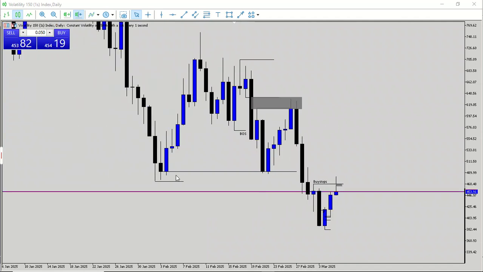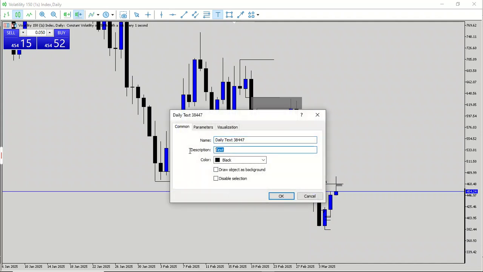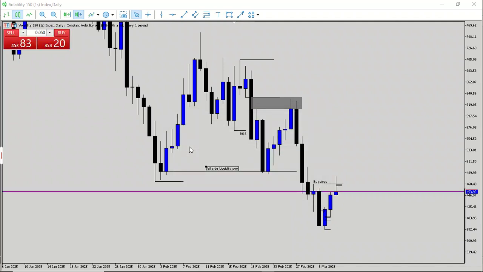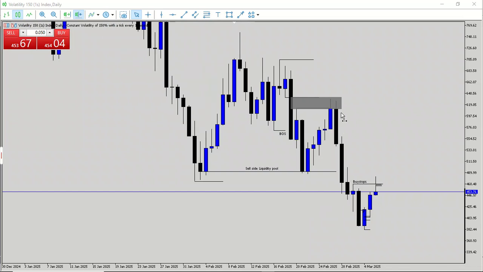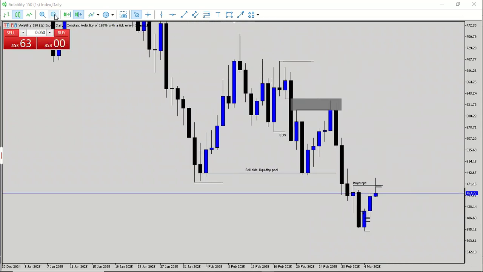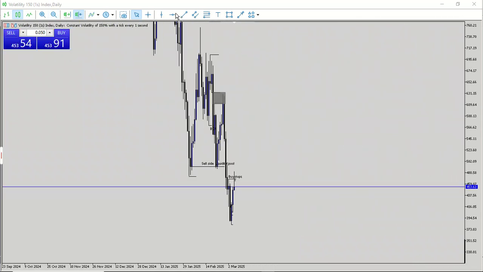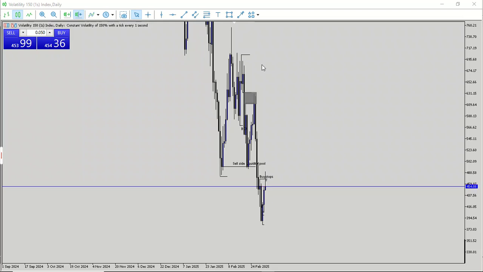All right, so this right here is a sell side liquidity pool, because that is an area of support that's been tested multiple times. So sell side liquidity pool. All right, so this is clear, right? Very much a trend all the way and little bullish movement.